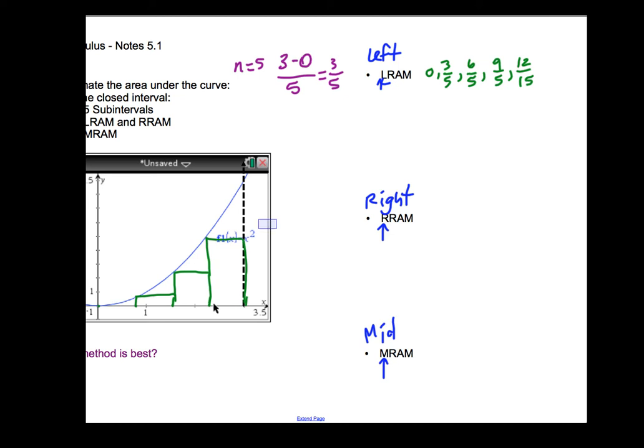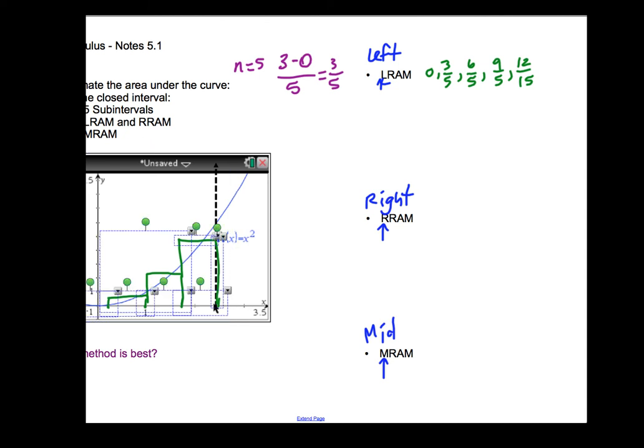And we'll take the exact same steps that we took on our first example. Now we're going to look at RRAM. So these rectangles are all going to slide over to where the right sides are going to touch. We don't want the actual line though.